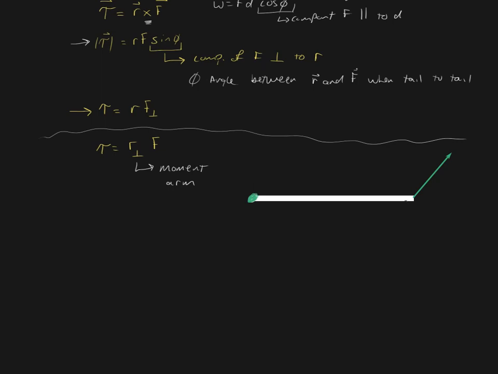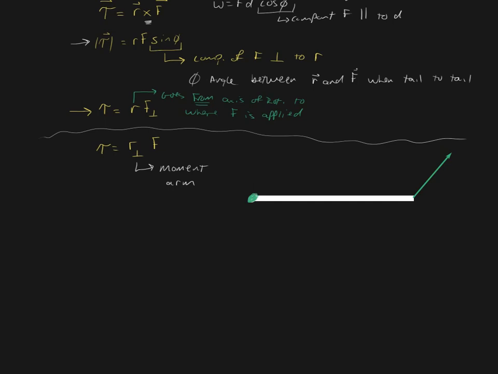Now, the way we would have done it before is we would say R. I should define this actually. I failed to mention this. R goes from, and that's important, from the axis of rotation to where the force is applied. Make sure you write that down because that's a really, really important piece of information.